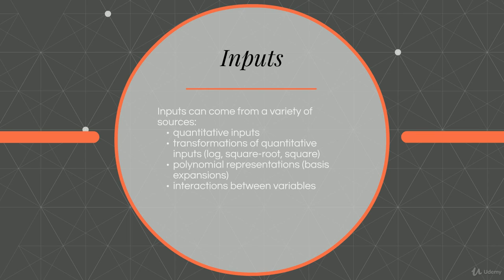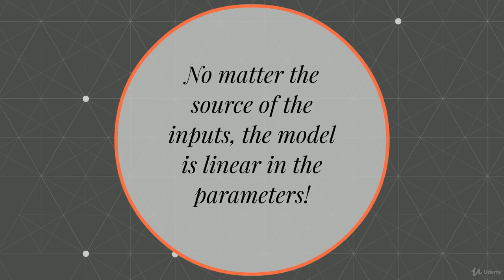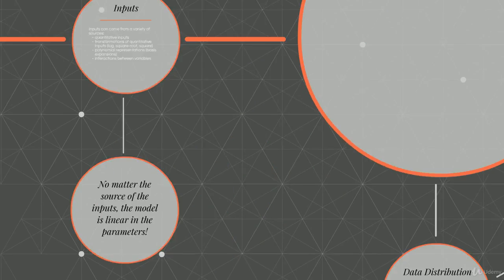But just know that our inputs don't necessarily have to be the training data specifically. They can be variations of that data. So no matter the source of the inputs, the model is linear in the parameters. That is the assumption that we are making going into this linear regression task. We are assuming it's either linear or linear models are a good approximation.